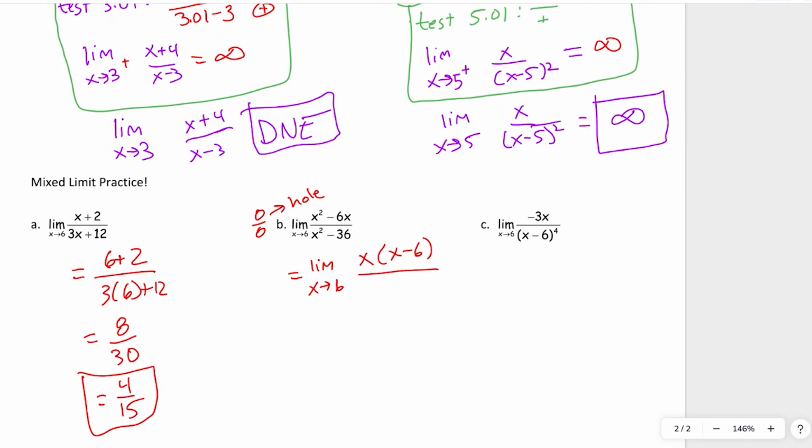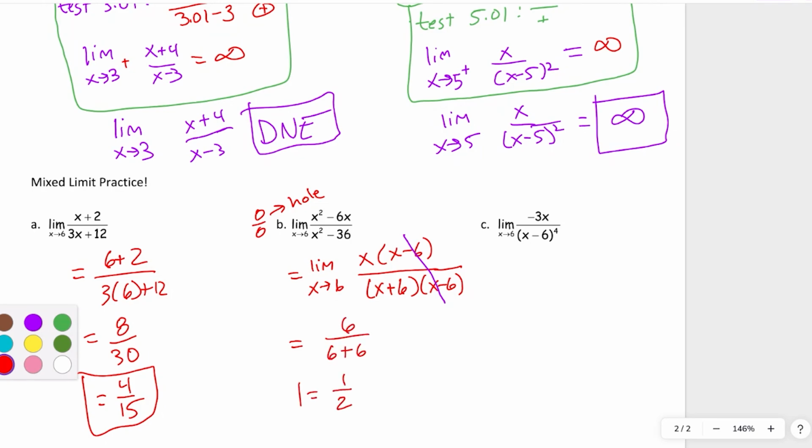Since it's a difference of two squares, it's x plus 6 times x minus 6. This is how we remove the removable discontinuity. Just cancel out those x minus 6's. And now we can use direct substitution. So it's going to be 6 over 6 plus 6, which is 1/2, or 6/12. Same thing.